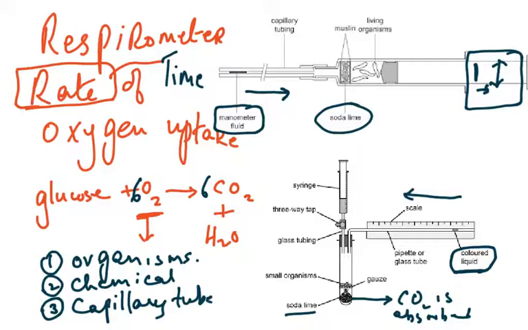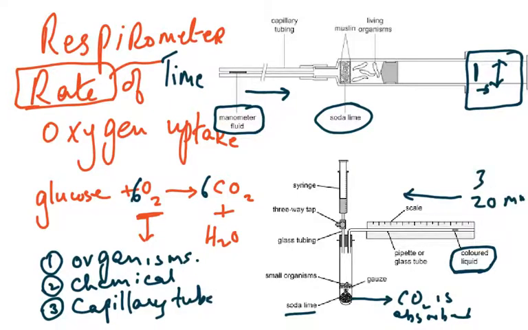Basically 3 things should be there. One where you place the organisms, and one where you place a chemical. The chemical should not come in contact with the organisms because it could be toxic or harmful. And number 3, a capillary tube which is going to have a dye or a colored liquid in it, which is going to move, and we're going to measure the movement, how much it moved. Does it move 20 millimeter?